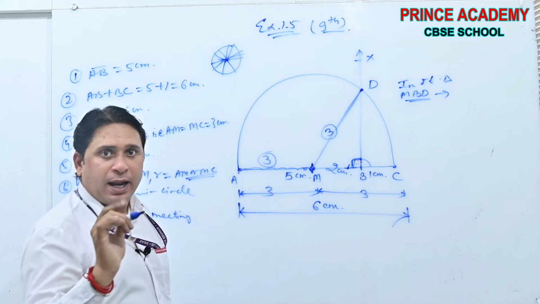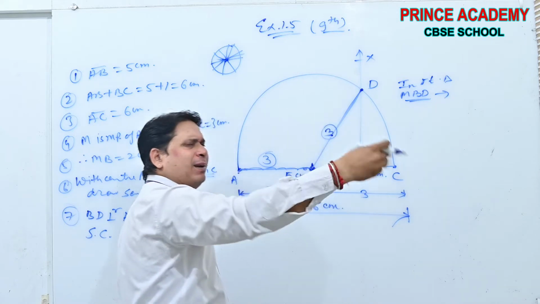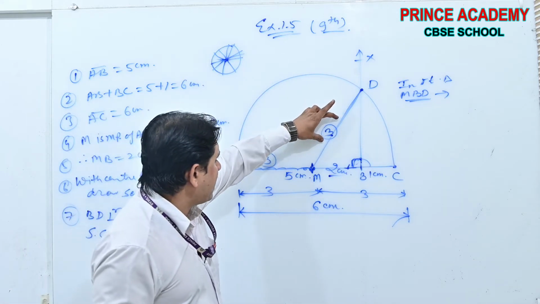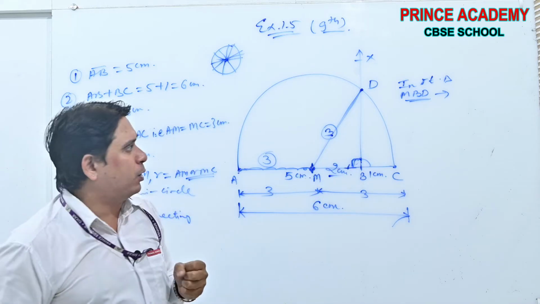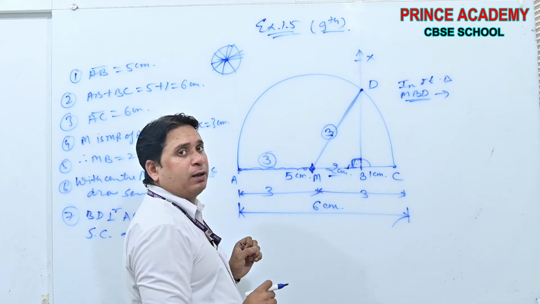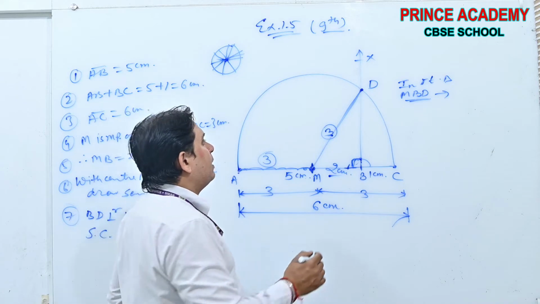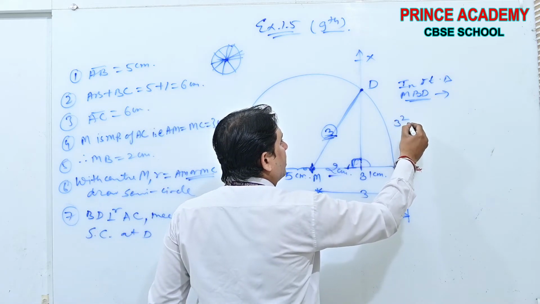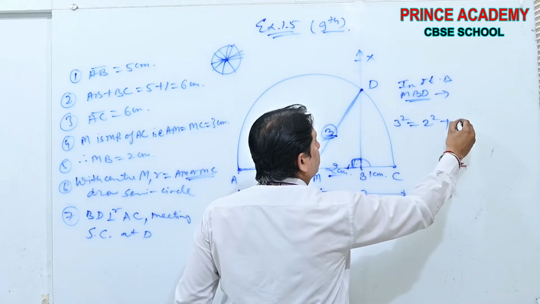Now see. This is hypotenuse, this is base, this is perpendicular. According to Pythagoras theorem, hypotenuse square is equal to base square plus perpendicular square. So 3 square is equal to 2 square plus BD square.